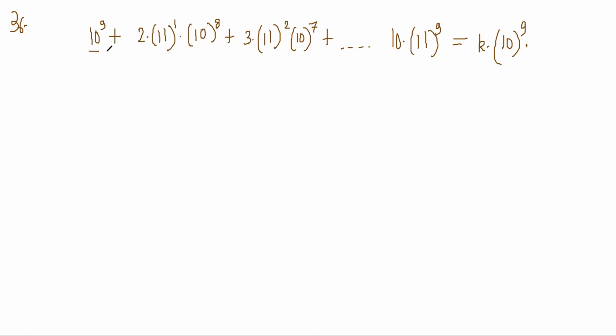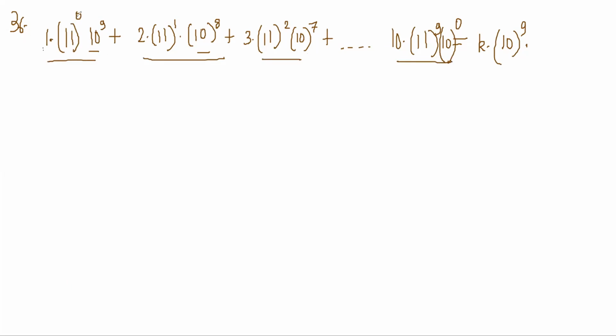See, powers of 10 are decreasing and finally it has become 10 power 0. And powers of 11 are increasing. It started with 11 power 0 and became 11 power 9, and the last term had 10 power 0. So if you write 1 into 11 power 0 into 10 power 9, then it is a nice pattern. R goes from 1 to 10.